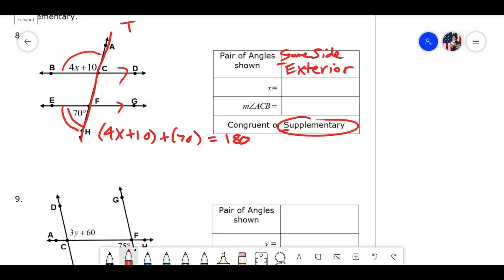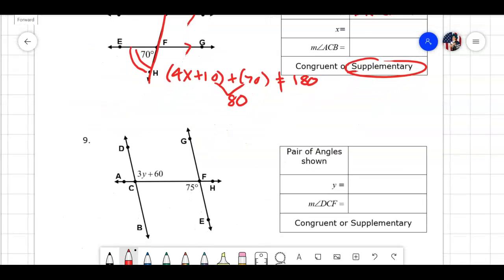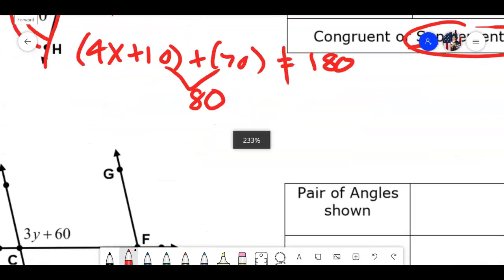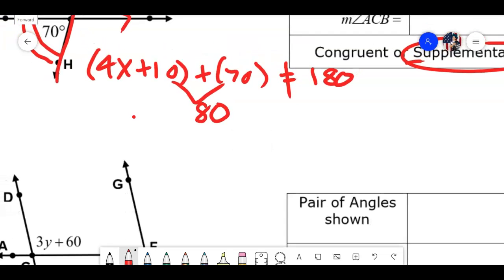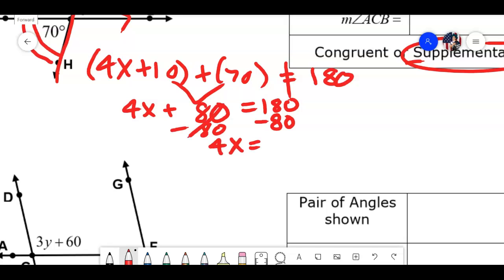So on this side, there's two constant numbers that can be combined, combining like terms. 10 plus 70 is 80. Bring down 4x. Get rid of this loner 80 by subtracting 80. 180 minus 80 is 100. And then you divide by 4, the coefficient, to get x equals 25.